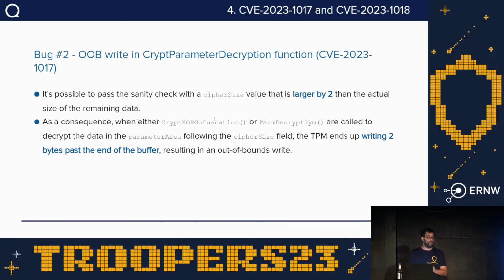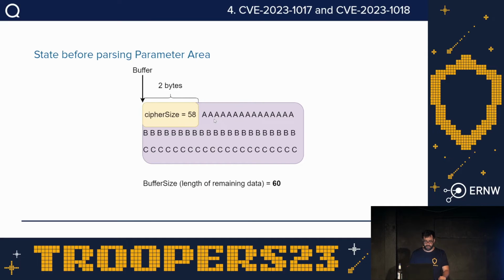So when either crypt XOR obfuscation or param decrypt sim is called to decrypt the data in the parameter area, the TPM ends up writing 2 bytes past the end of the buffer holding the parameter data, which results in an out-of-bounds write. But again, this is easier to understand in a graphical way.